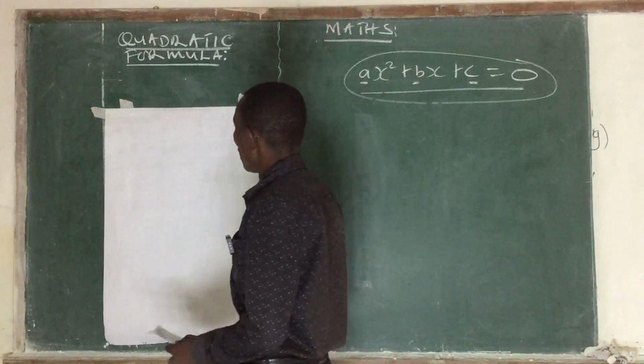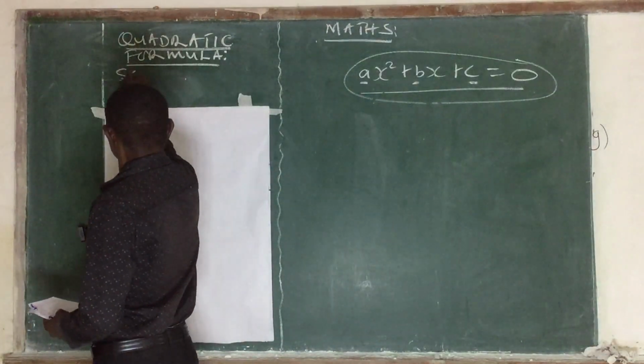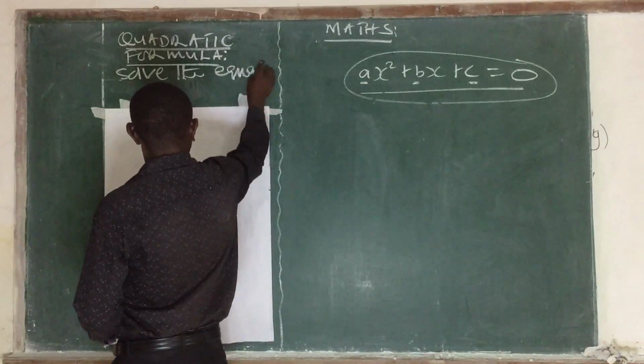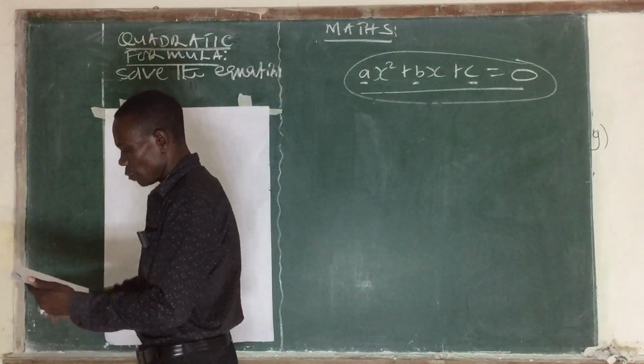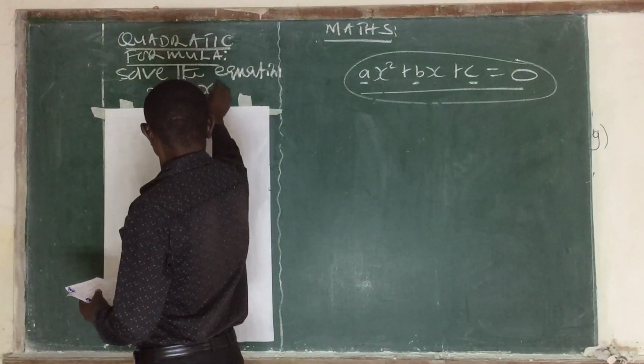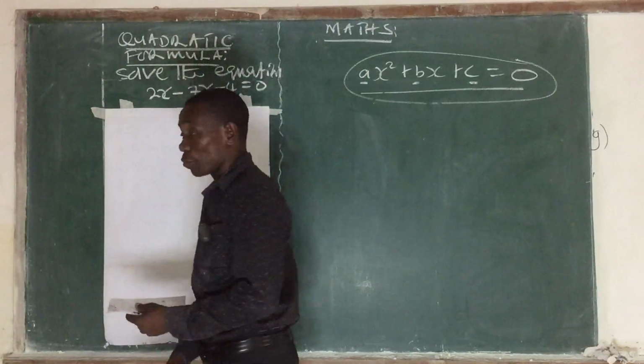So the example that I have here is this one. Solve the equation 2x squared minus 7x minus 4 is equal to 0.